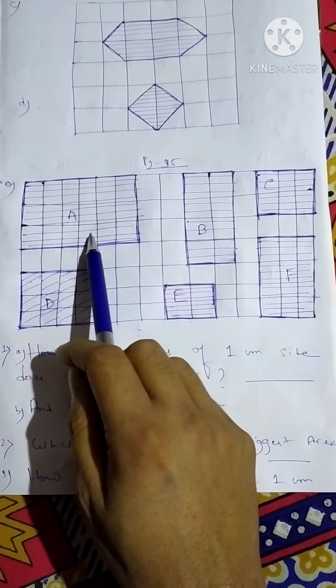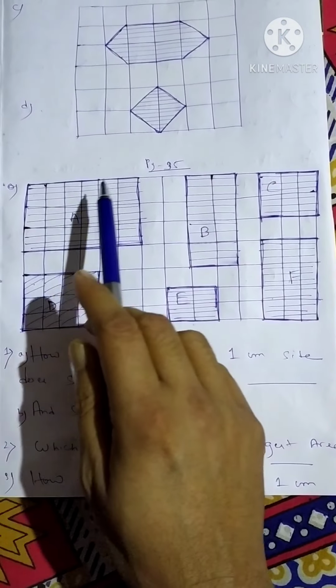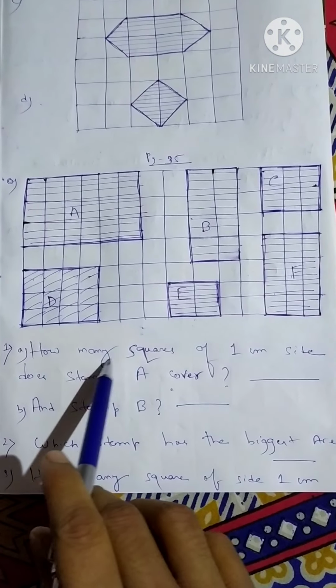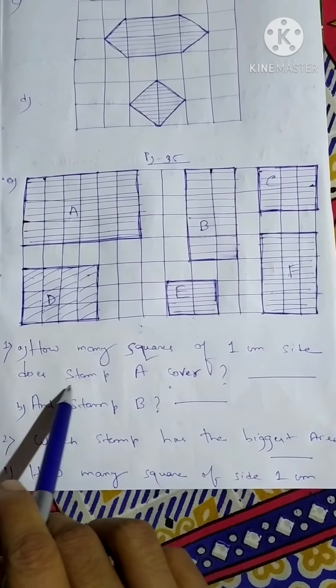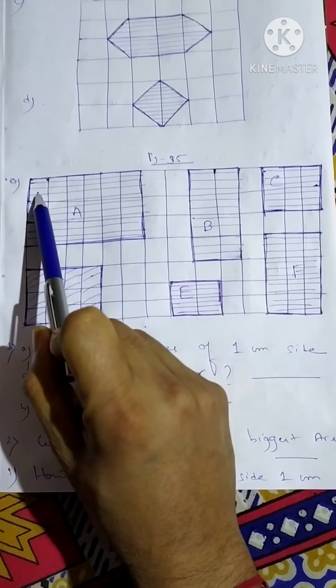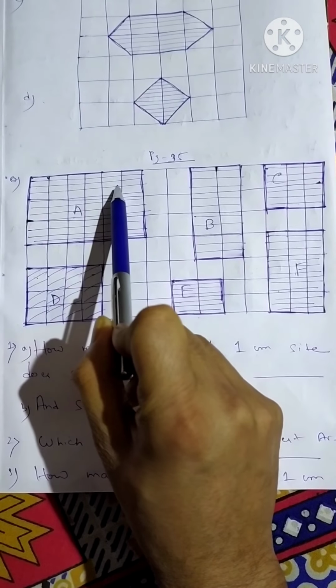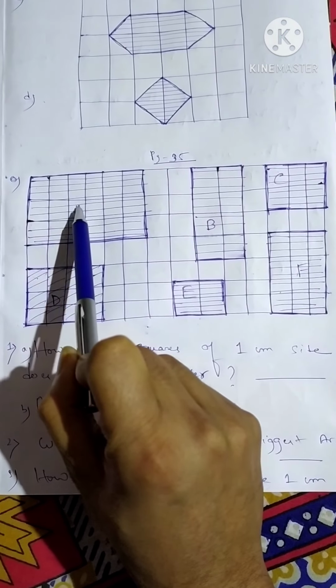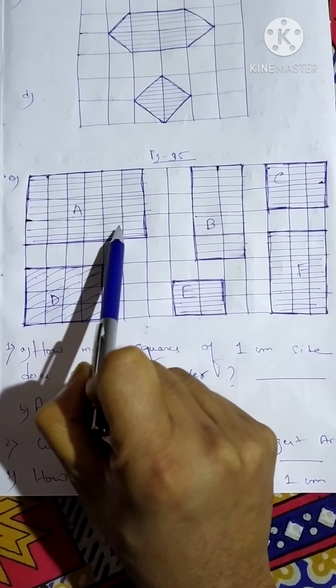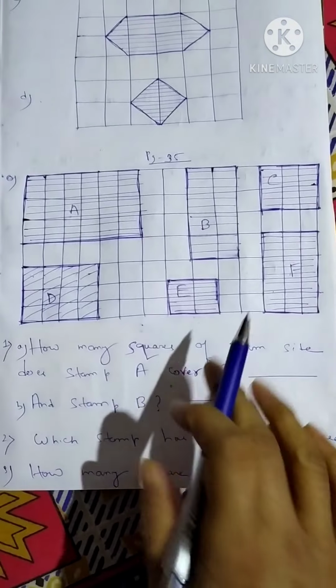This one is stamp A, and it is covering certain squares. You have to answer how many squares of 1 centimeter stamp A covers. So just calculate: 1, 2, 3, 4, 5, 6, 7, 8, 9, 10, 11, 12, 13, 14, 15, 16, 17, 18. So 18 squares.